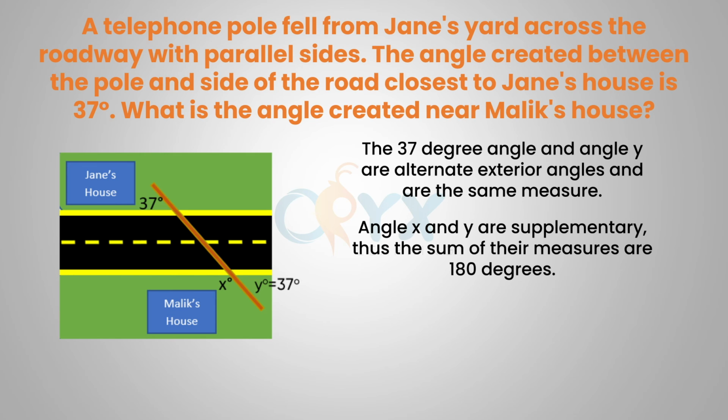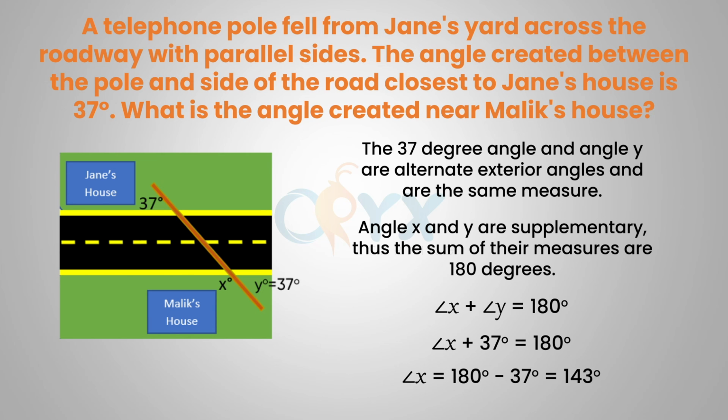So we can create the equation X plus angle Y equals 180 degrees. Substituting in what we know about angle Y, we get the equation angle X plus 37 equals 180. We can subtract 37 from both sides of the equation, which will give us angle X is 143 degrees. So our answer is 143 degrees.